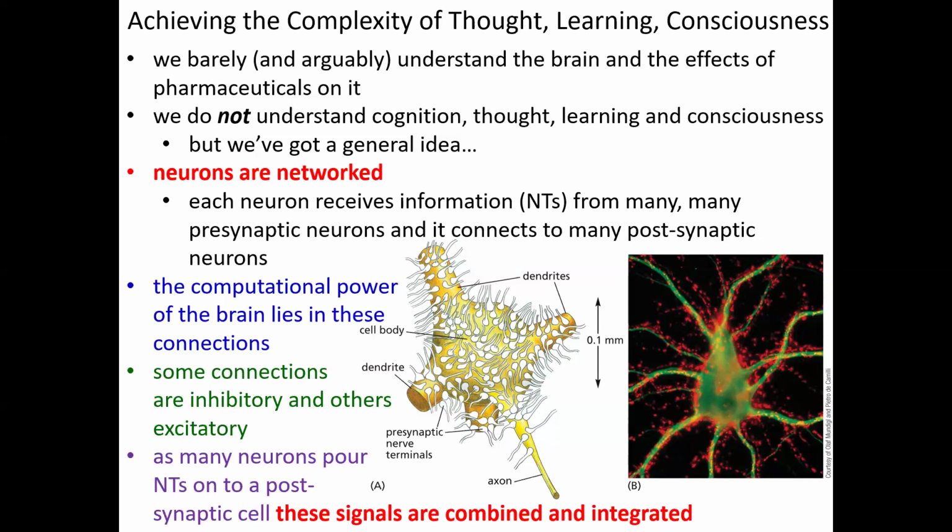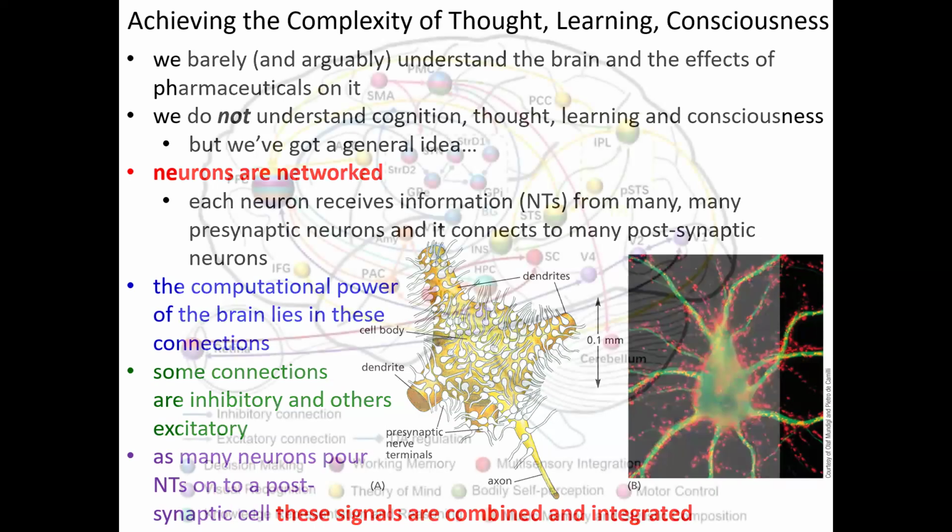As these many dozens or hundreds of presynaptic neurons pour their neurotransmitters on this postsynaptic cell, this information is integrated and combined, allowing or not allowing this postsynaptic neuron to fire, and that information is then part of the complexity of the next postsynaptic neuron.